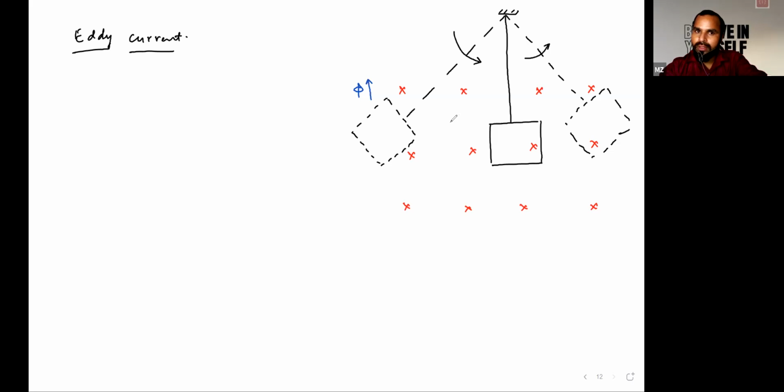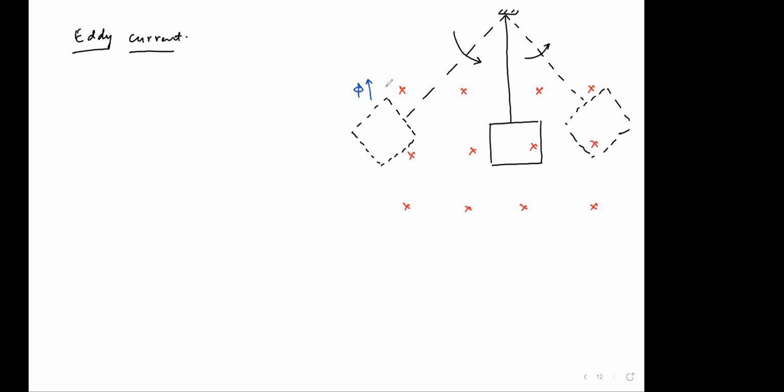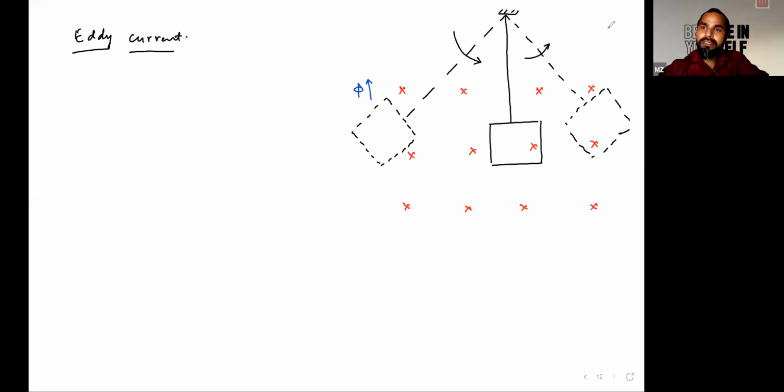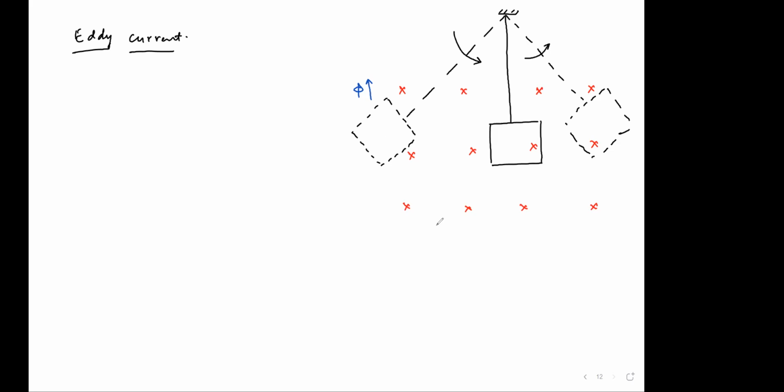And according to Lenz's law, if flux is increasing, then the induced current will behave as attractive or repulsive? Repulsive. So the magnetic field induced in this region would be along the same direction or in the opposite direction? Opposite direction. So it would be just dot.